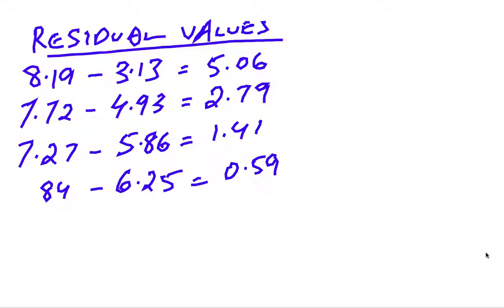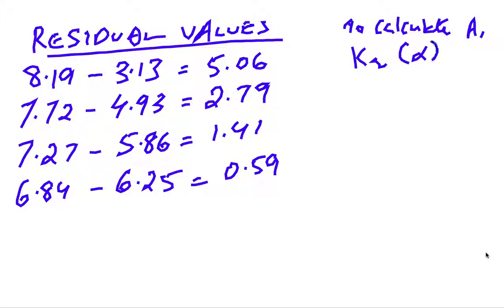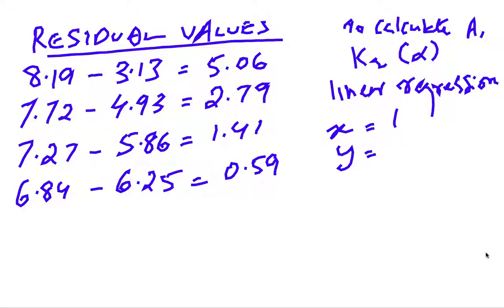And now to calculate A and Ka or alpha, all you have to do is use linear regression. For x you will use time, and y is equal to the natural log of 5.06.